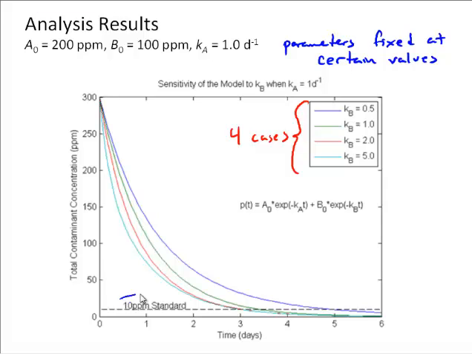I've also indicated a standard here. Perhaps we're interested in seeing how quickly these contaminants decay to reach a 10 part per million standard. One example situation where we might be interested in something like this is, suppose we're an environmental engineer looking to improve the water quality in a lake and hit that 10 part per million standard.